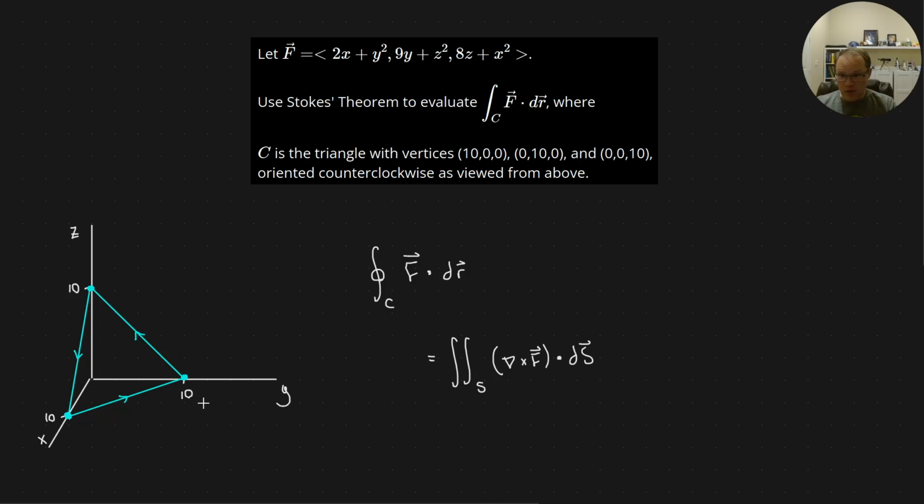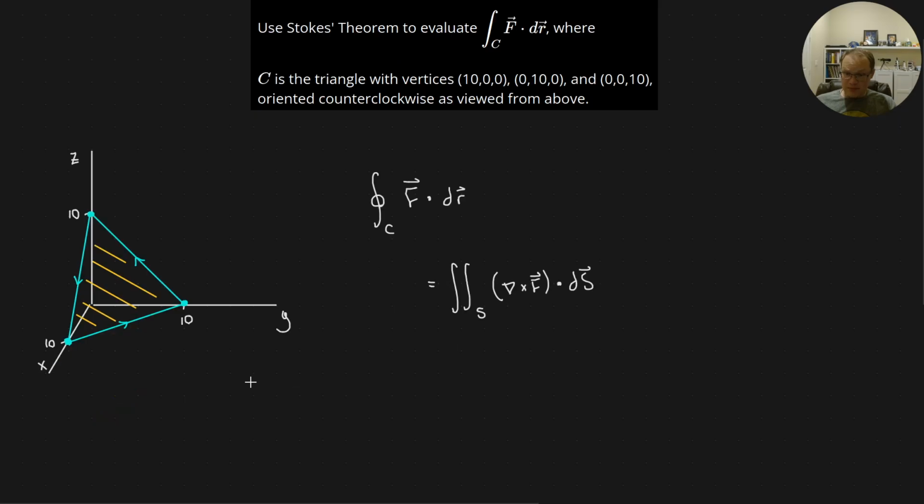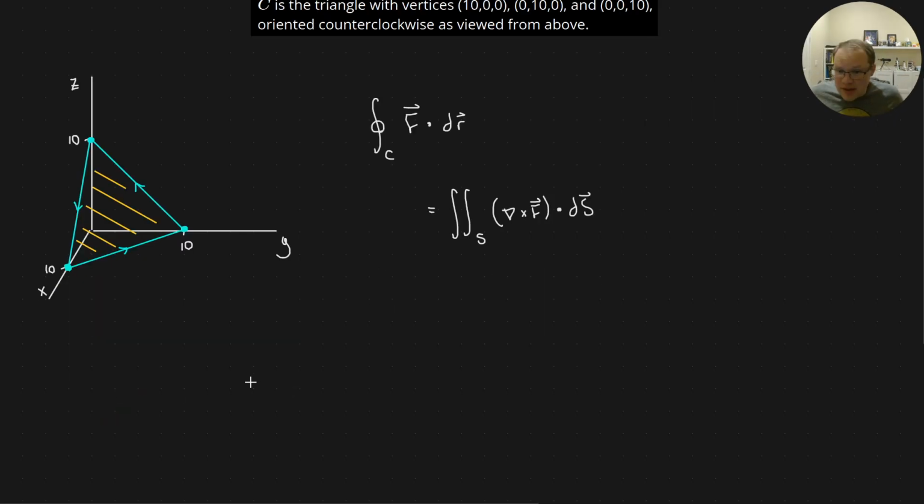We're going to integrate over the surface where the surface is the plane. Okay? So the very first thing I need to find out is the equation of this plane. To find the equation of a plane, I need a point on the plane. I have 3 of them, right? And I need a vector normal to the plane.